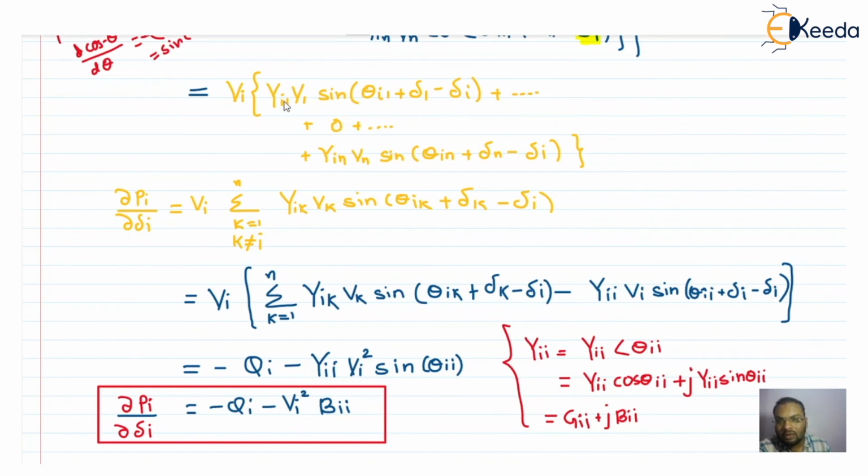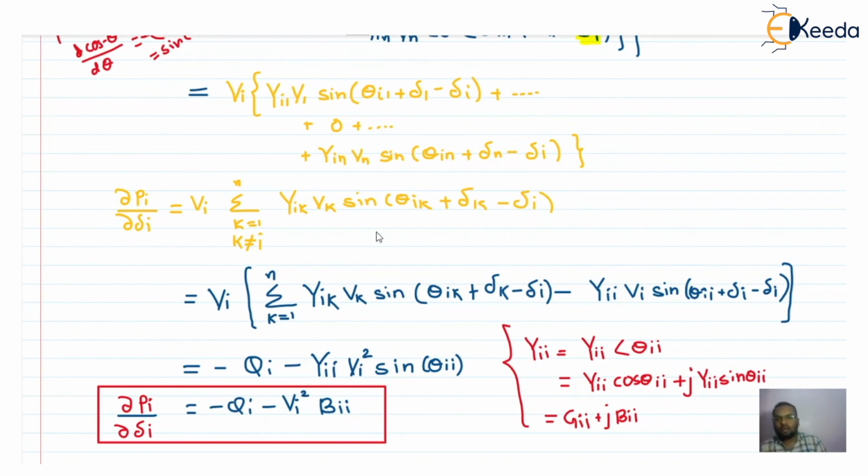What I'm getting here is Yi1, the next term Yi2, Yi3, so I can write Yik Vk sine of theta ik plus delta k minus delta i. Let's keep this delta i as it is.